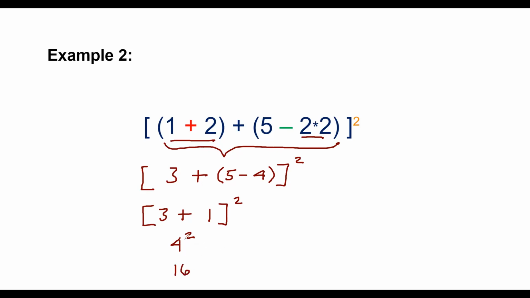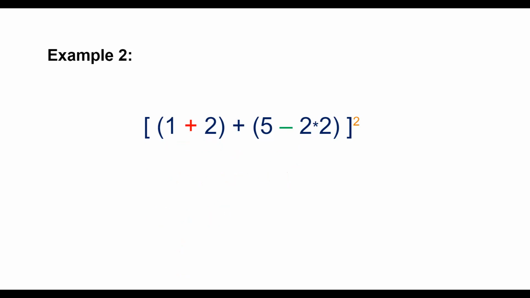You should be familiar with these basic squares. 2 times 2 is 4, 3 times 3 is 9, 4 times 4 is 16. That will help you solve these problems that don't allow you to use a calculator.